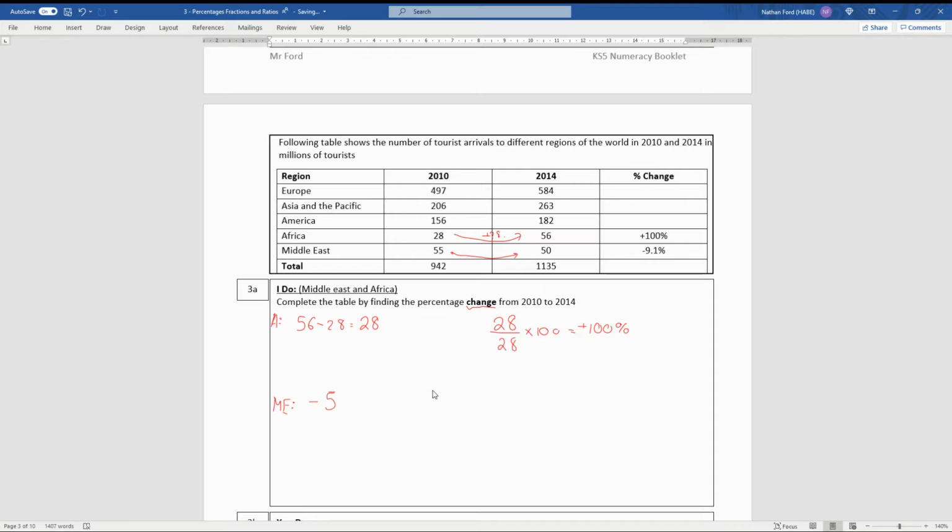Then we're going to find the percentage change. It's gone negative 5 because it's decreased. Now this doesn't matter too much. You can put it in at the end, but it's nice to work with our steps. So it's decreased by 5, and what's our original amount? 55, times 100, which is going to be negative 9.09%, which is the same as negative 9.1%.